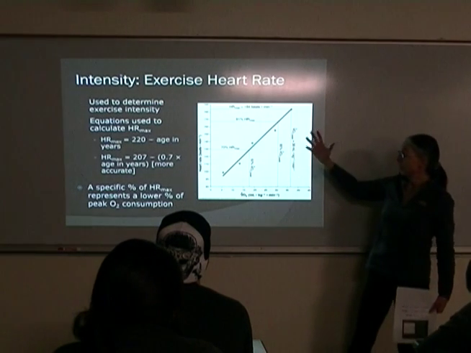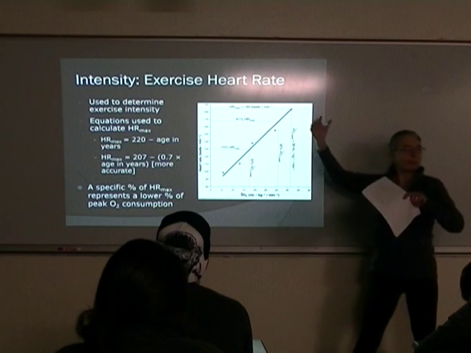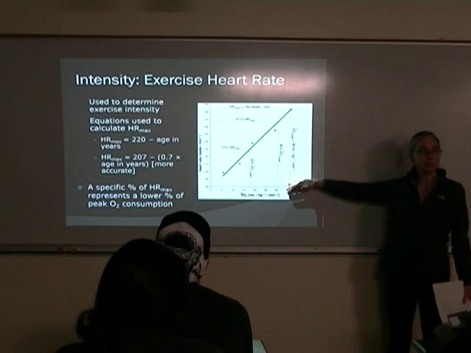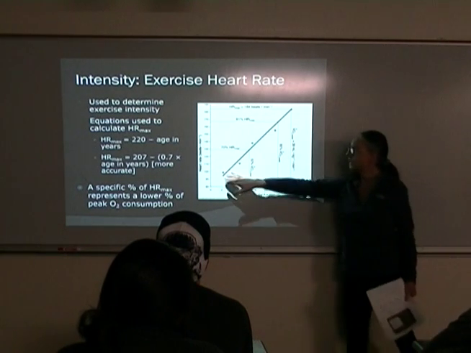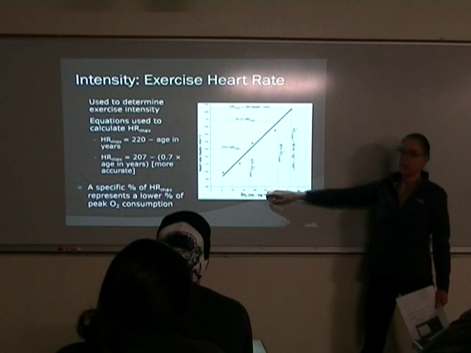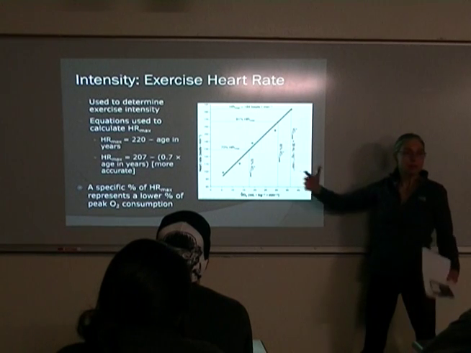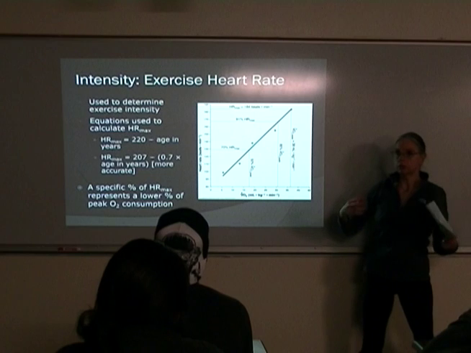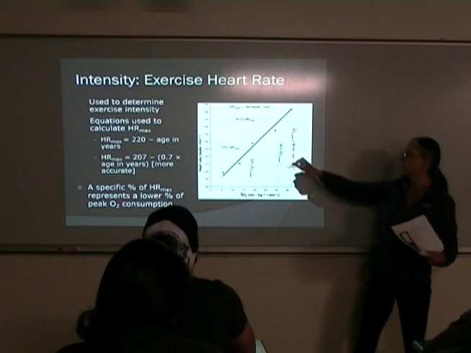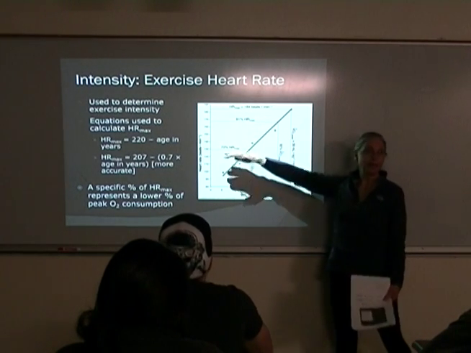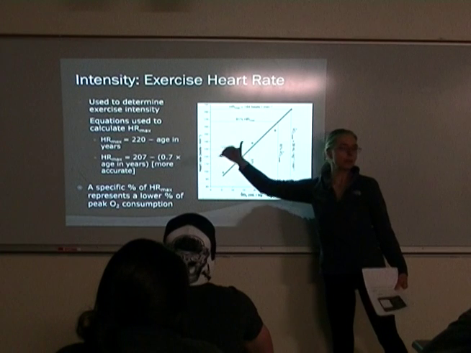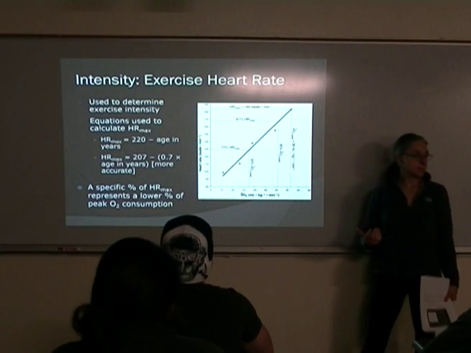The good thing about heart rate, because we're also going to talk about VO2 max, is that it has a linear relationship with VO2 max. So my maximum oxygen consumption is linearly related to what is going on with my heart rate. Right?